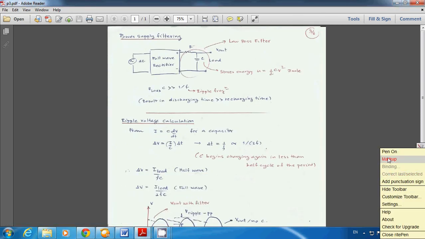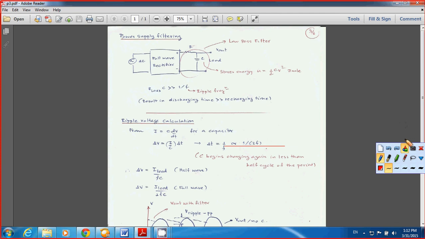Okay, so to obtain the DC output voltage, you need a filtering circuit, and this is the filtering circuit.